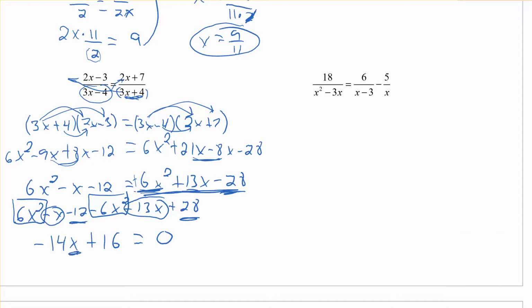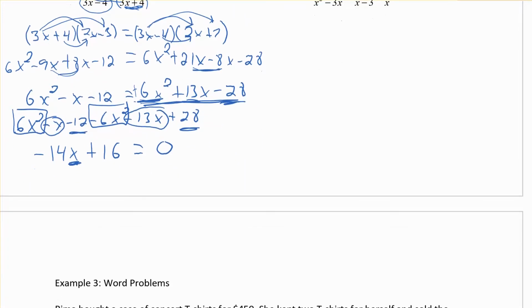All right, so now that I've collected all my like terms, I've got x just to the first power. I don't have all these x squareds and all that kind of stuff, so now I'm going to get rid of the rest of the stuff. So I'm going to get the 16 out of there. This turns into, still got negative 14x is equal to negative 16, because I subtracted 16 from both sides.